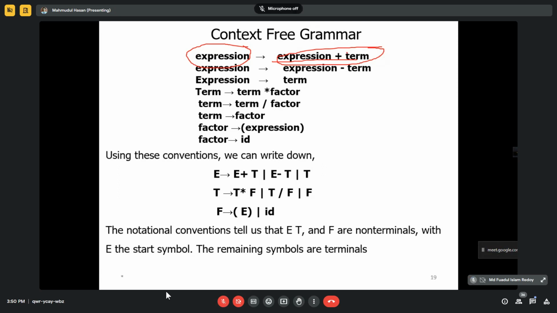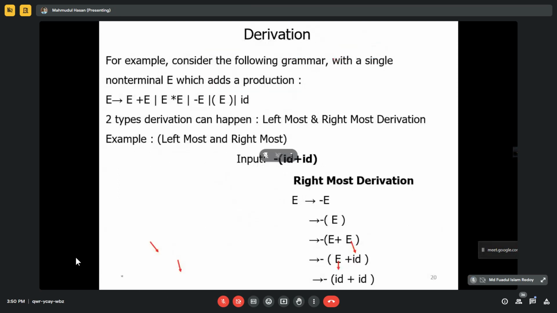And now I will give an example, no problem. So derivation. What is derivation? This term is familiar to you. It is deriving something from its original calculation, but all are equal.